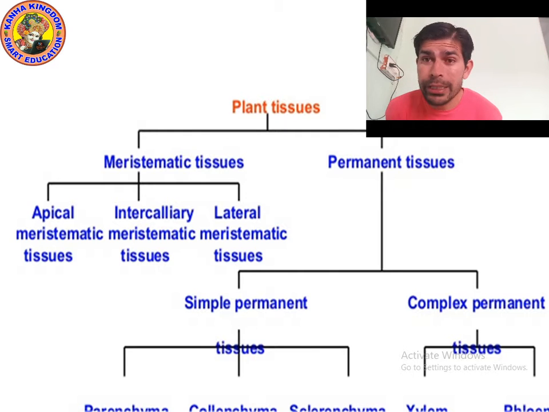You will have to take the cells of just one place. Only the cells of the cheek, that is a tissue. The cells of the shoulder, that is another tissue. So there are different types of tissues. I hope you understood that tissue is a group of cells having a similar structure and function.